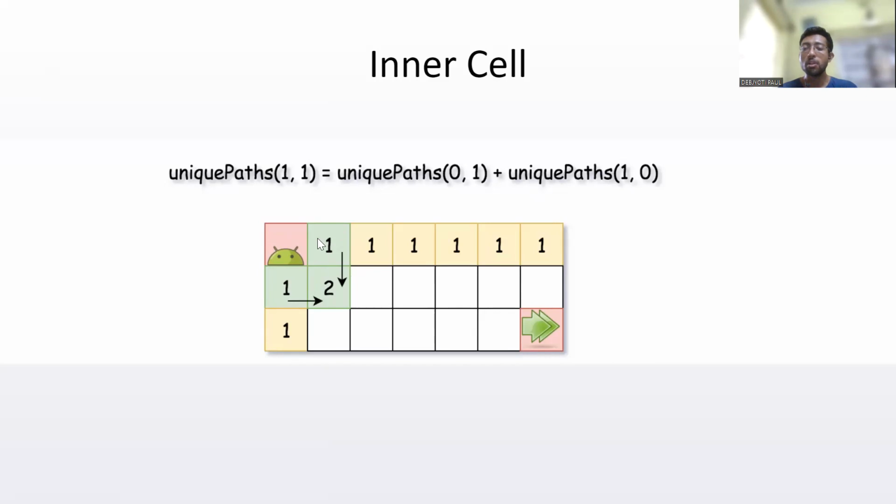So the number of ways to reach this particular cell is the sum of the number of ways to reach the cell above it and the number of ways to reach the cell on its left, right? So if we know these two, then we can compute it for any inner cell.